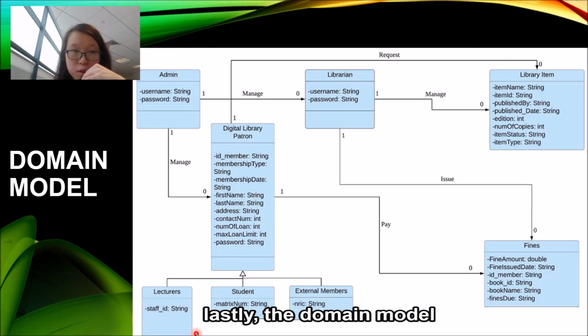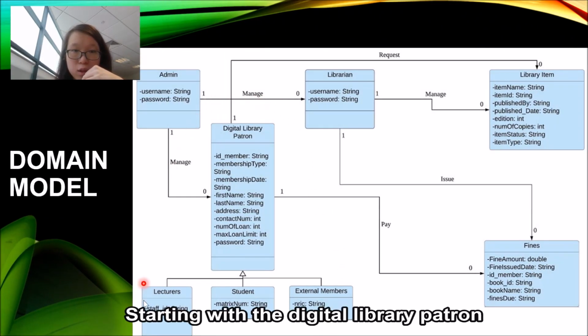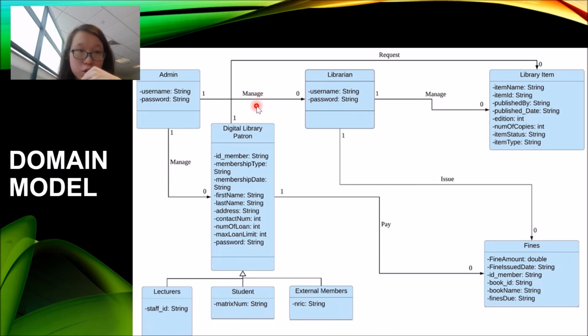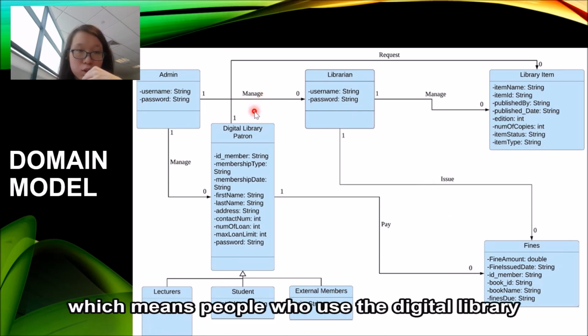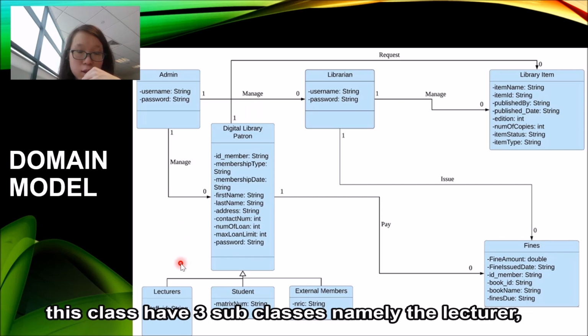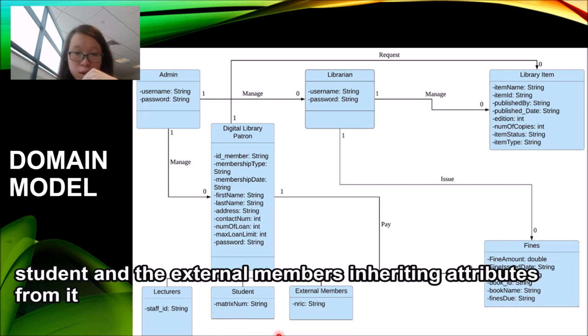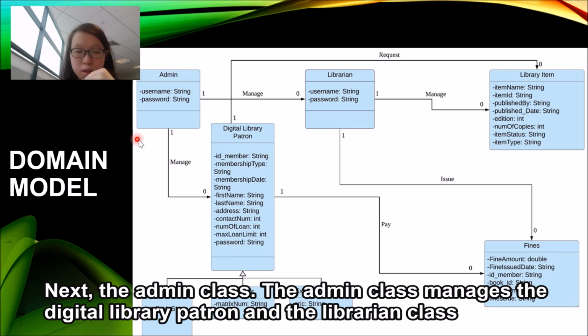Lastly, the domain model. Starting with the digital library patron, which means people who use the digital library. This class has three subclasses, namely the lecturer, student, and external members, inheriting attributes from it. Next, the admin class. The admin class manages the digital library patron and the librarian class.